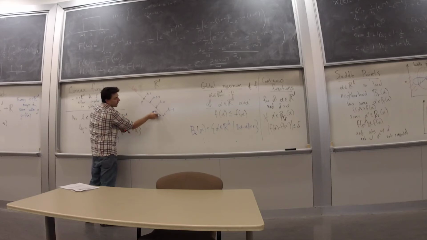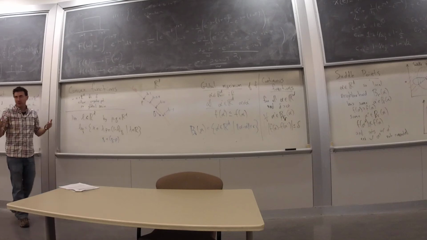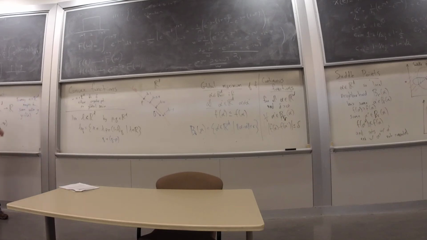I've moved it a distance of Q minus P to get out here. So I'm just doing vector calculus here, and I can describe all the points on a line in this way.